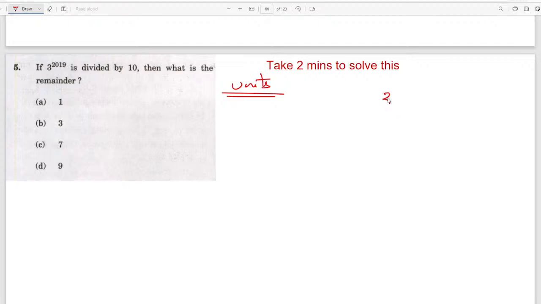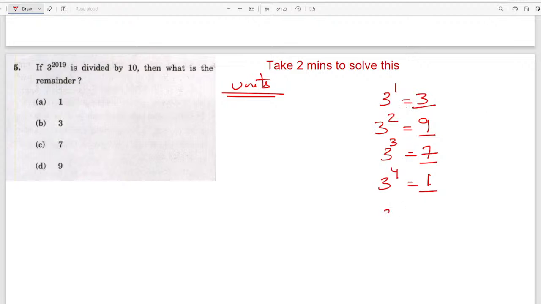So 3 raised to 1 is 3. 3 raised to 2, the unit digit is 9. 3 raised to 3, the unit digit is 7. 3 raised to 4, the unit digit is 1. This is the units digit, not the number. After this, it repeats again.